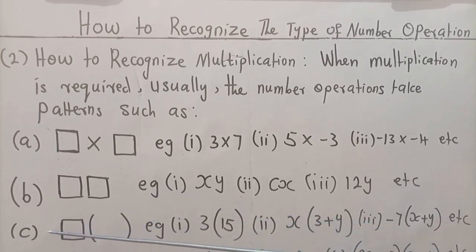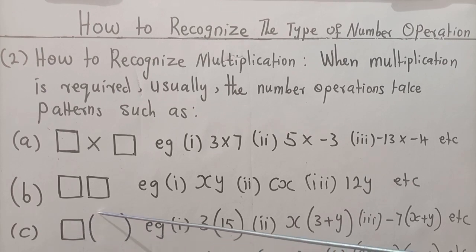Example number 3 is this: box, then the next is bracket, with nothing separating them. See it here. This box contains a number, either a constant or a variable. That will be this 3. And let this box also contain this 15.